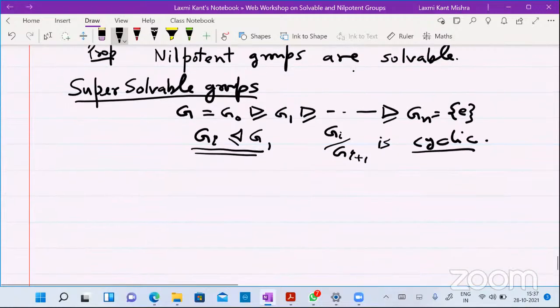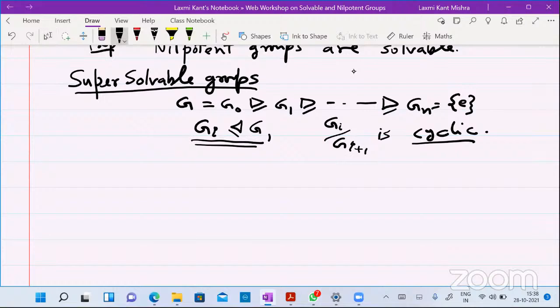So the result is, we can give some examples of it. The first thing is every abelian group is super soluble.